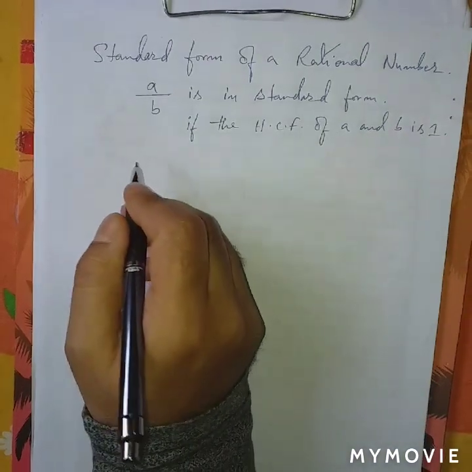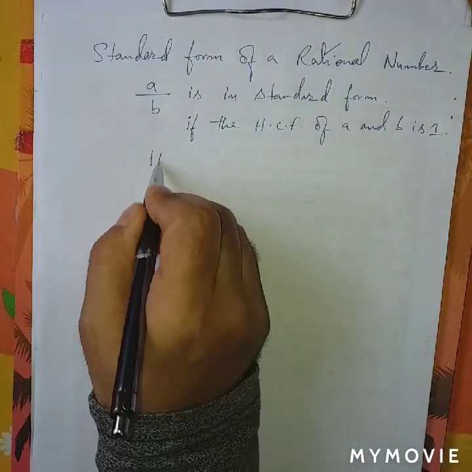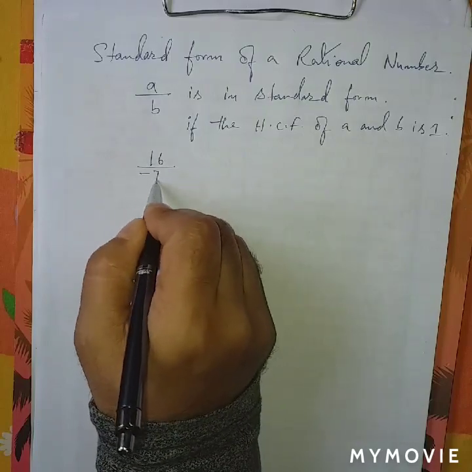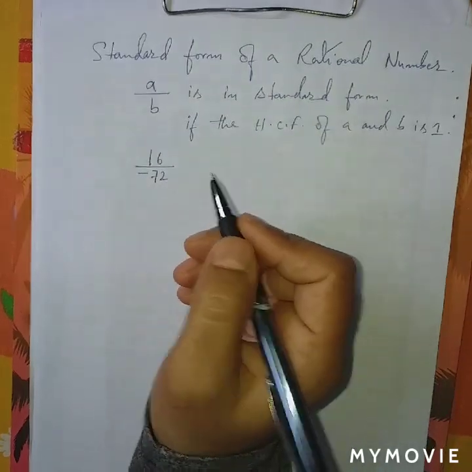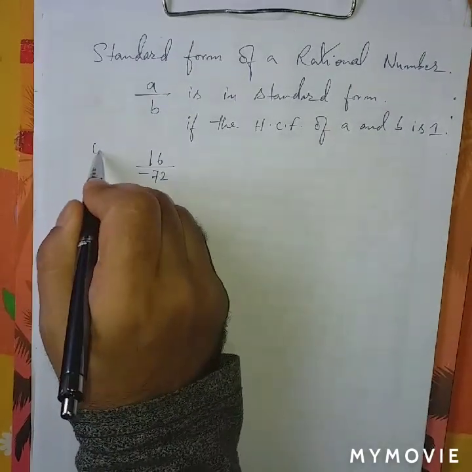For an example, say 16 by minus 72. We have to express it in standard form.